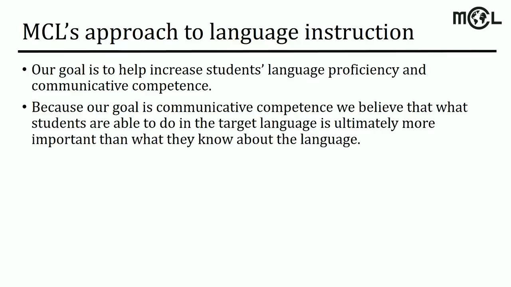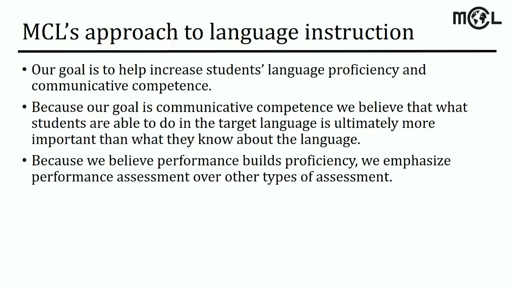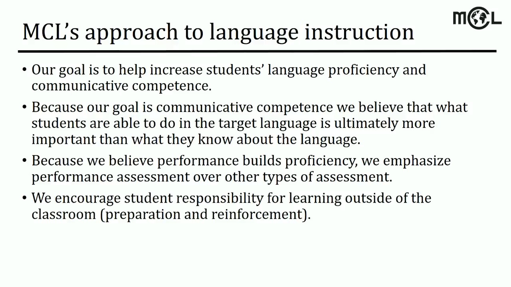And because that's our goal, to enhance communicative competence, we think that what students are able to do in the language is ultimately more important than what they know about the language. So it's all about using the language to communicate. We also believe that performance builds proficiency, and we'll talk about these 2 concepts later on. So we emphasize performance assessment over other kinds of assessment.